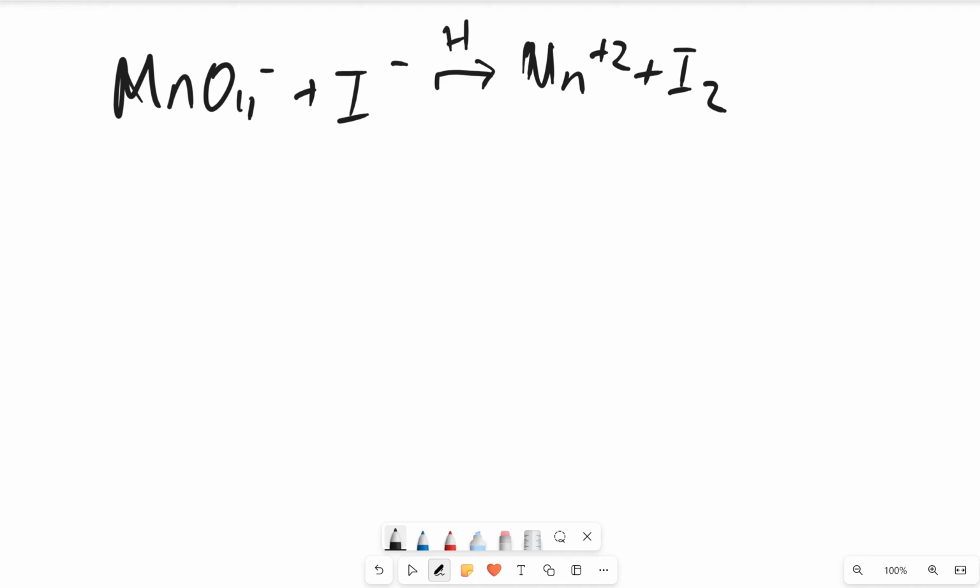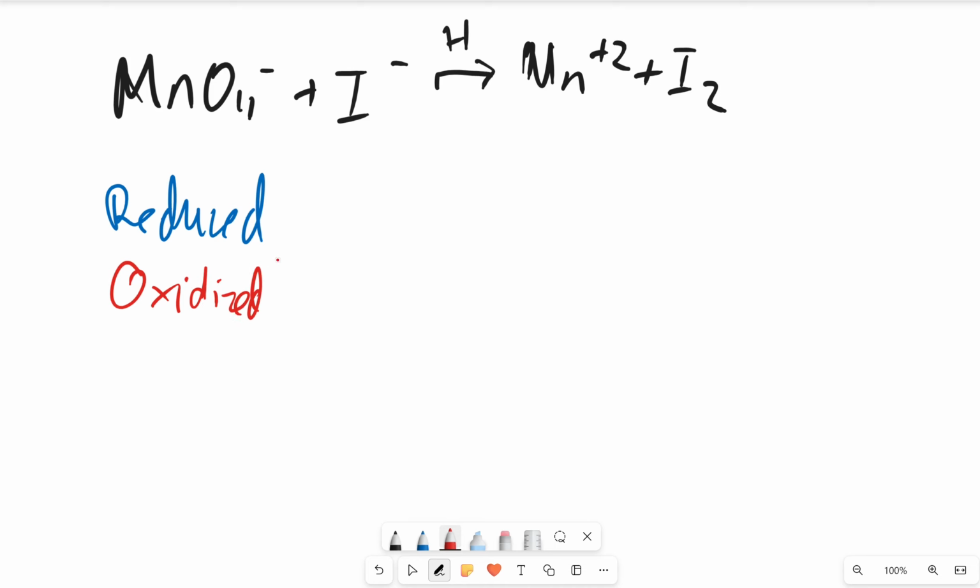Of course, it's going to be in the presence of hydrogen, right? And let's figure out what's being reduced and what's being oxidized. So reduced and oxidized. I shouldn't have spelled these out.